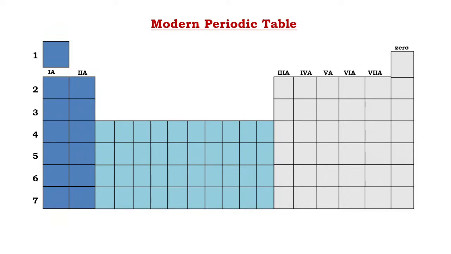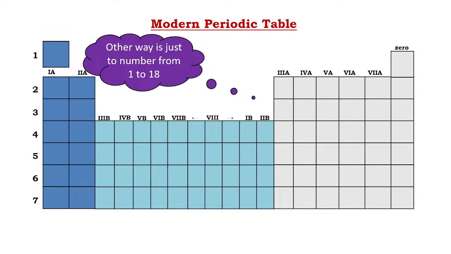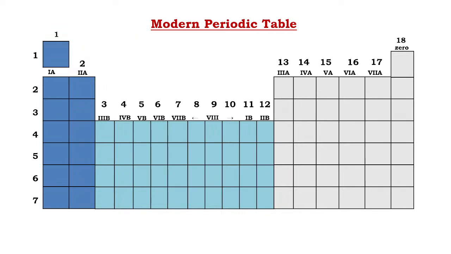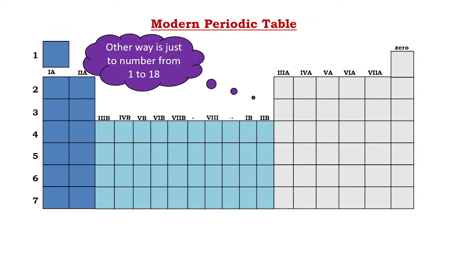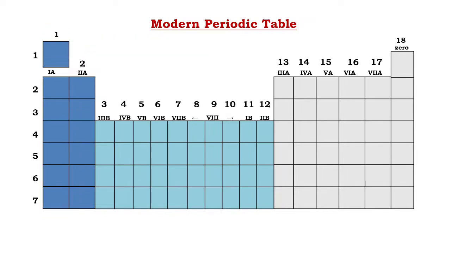And the last one is 0. And the short ones will be named B: 3B, 4B, 5B, 6B, 7B, like that. The other way is to just number from 1 to 18. Can you see that on top? Everyone look at the top, I have numbered 1 to 18, okay?